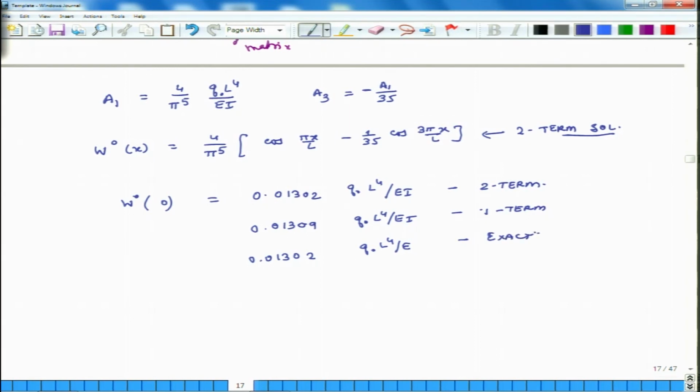So, we see that in this case, just by having two terms, the deflection of the midpoint of the beam is pretty close to the actual value, at least up to 4 places of decimal. So, this is the overall approach, and we can use a very similar approach for plates also.